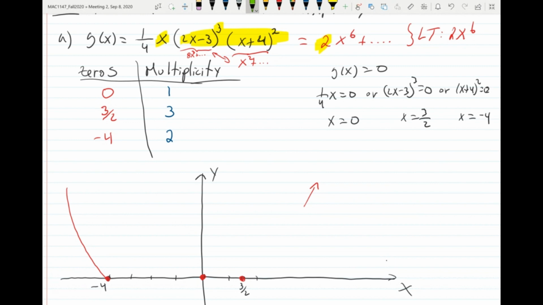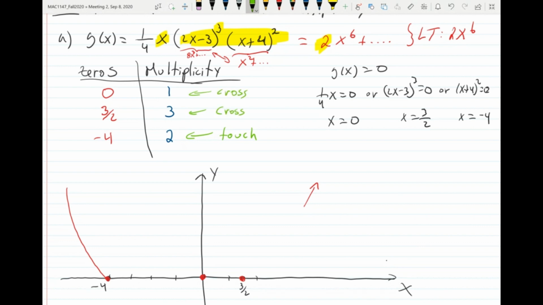If it was negative to the left, it remains negative to the right. So even multiplicity means you touch the x-axis. Odd multiplicity means you cross the x-axis. So this right here means that we're going to touch the x-axis, okay? And this guy means that we're going to cross the x-axis, okay?